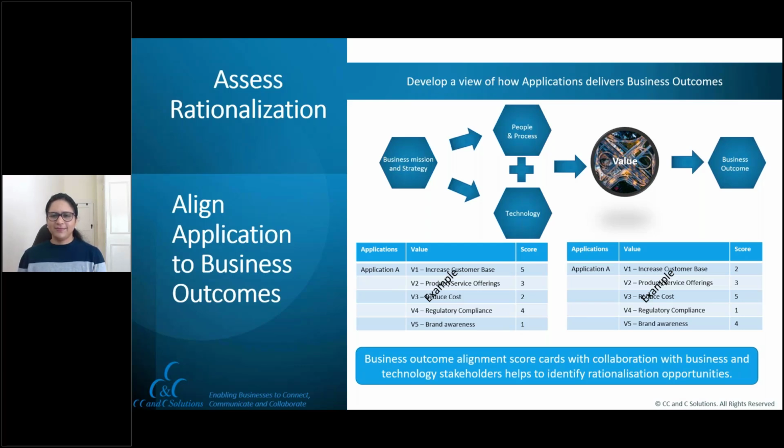Sometimes it's just good enough, and we can then evolve as we go forward. Because if you say that we can do that only once we have got the whole capability model mapped out, we may be biting off more than we can chew. So that's something to keep in mind.